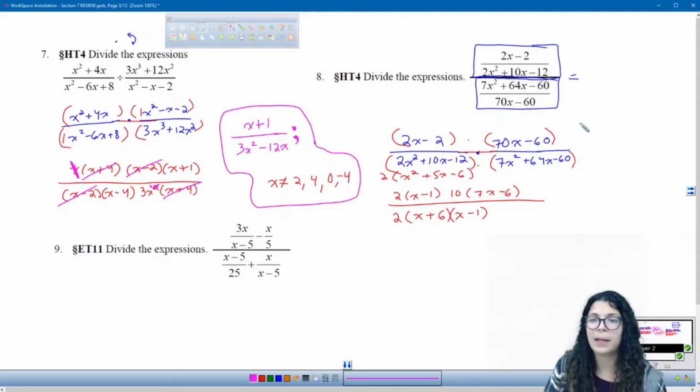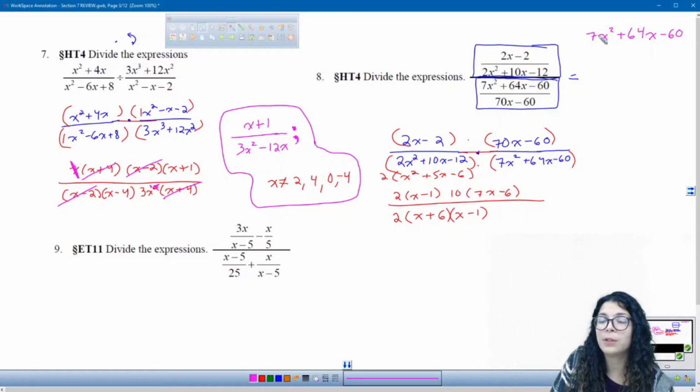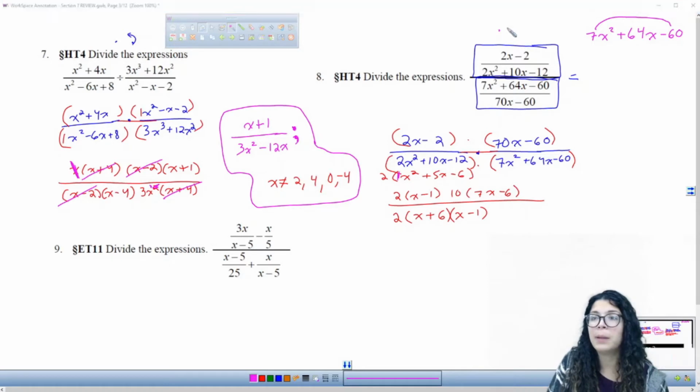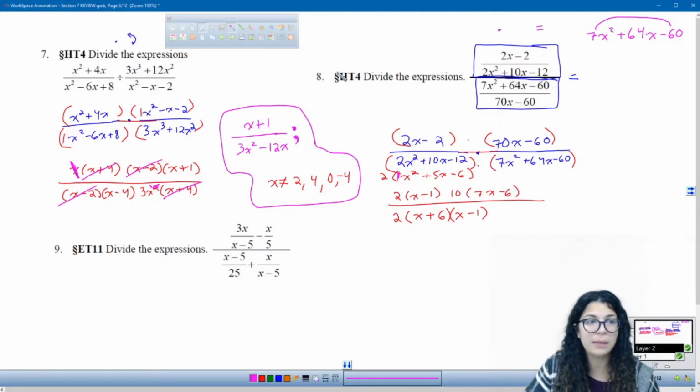So I'm going to write that work up here so that you can see how to factor this one. Remember, when you do not have a coefficient that you can factor out, and the leading coefficient is not 1 and you can't make it 1 like we did here, you do have to rainbow over. So we're looking for 2 numbers that multiply to 7 times negative 60.